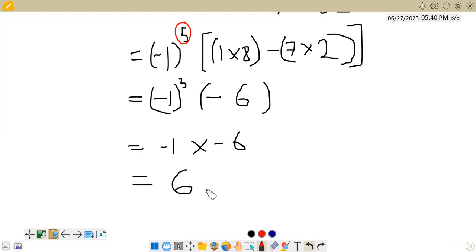Ndeti cofactor wathu amene tipezeyo azakhala osiyana sign ndi minor amene tinampeza kale. So this is the cofactor for 2,3. Yeah, so this is how we find the minors and the cofactors. Ngati pali funso, let me know. For now, ndetilekezereka pomwepa.